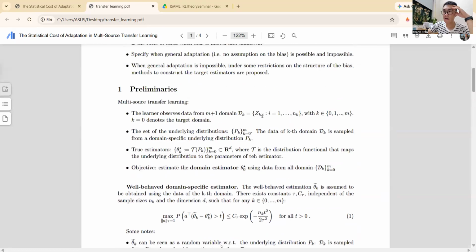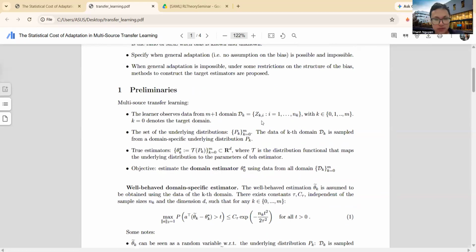The data is a set of Z, but in the paper they don't work directly on the Z, the actual data, but on the estimator. They abstracted away with the well-behaved estimator. Yeah, that's a linear one.